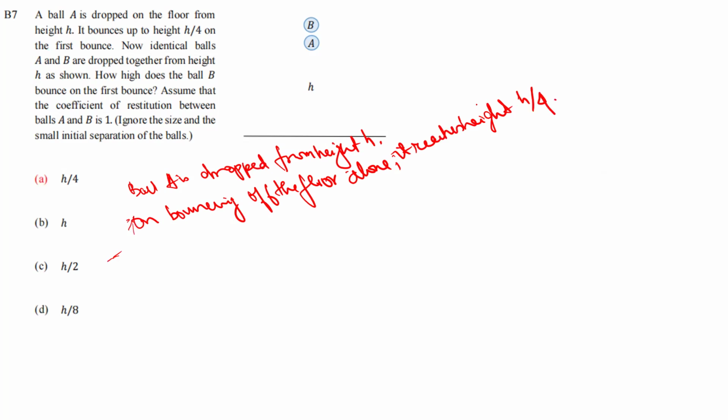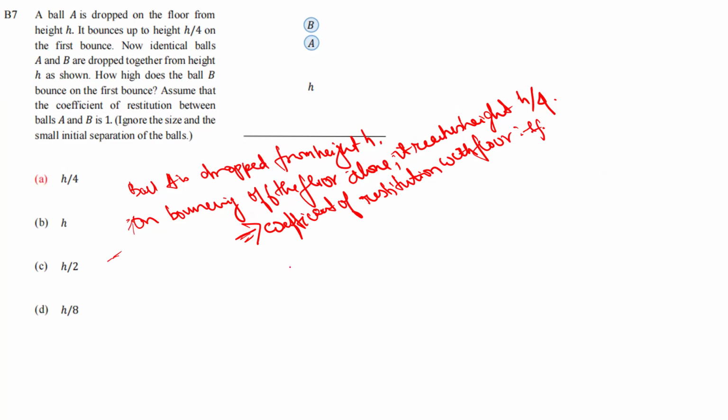The coefficient of restitution with the floor is EF.